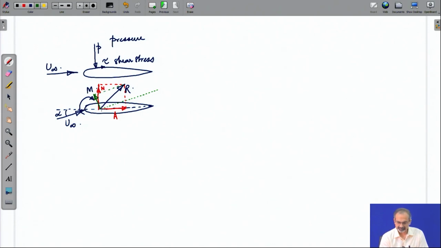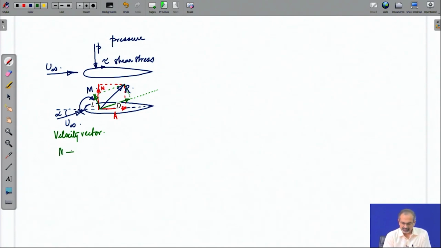So, this time it is parallel and normal to the velocity vector. This is how you can resolve the same force R into two sets of components. We have discussed this earlier.